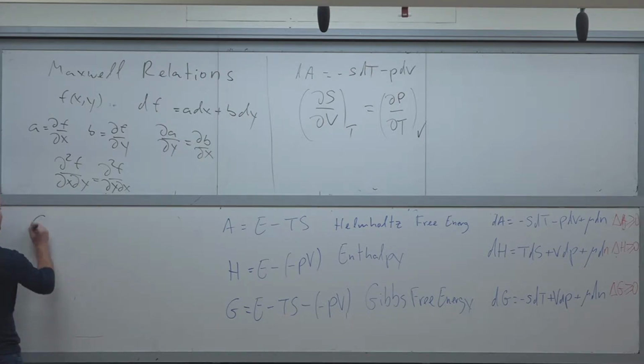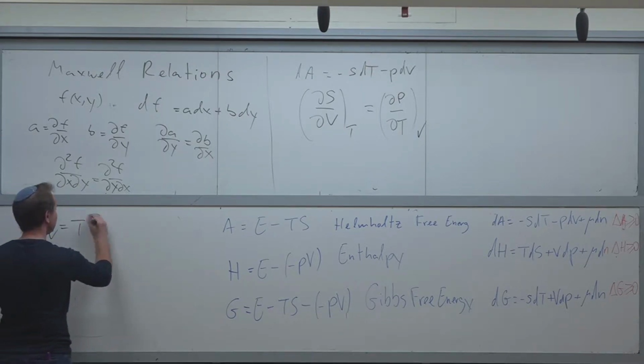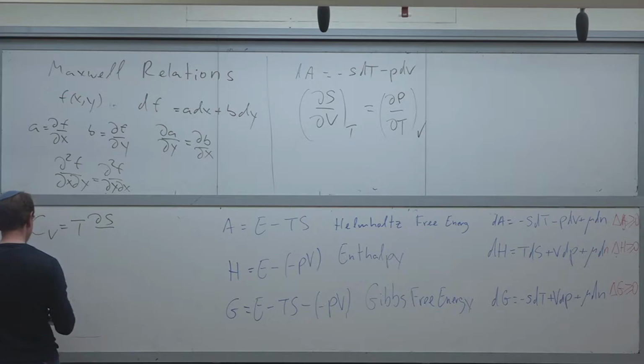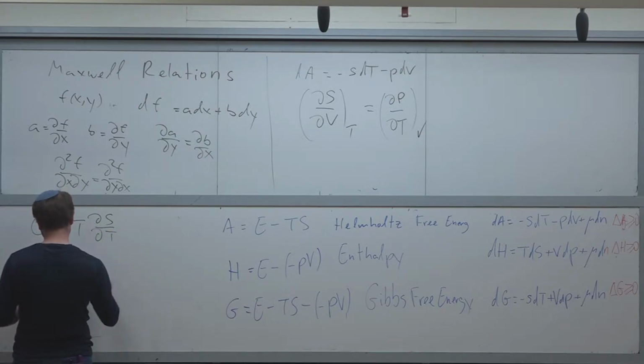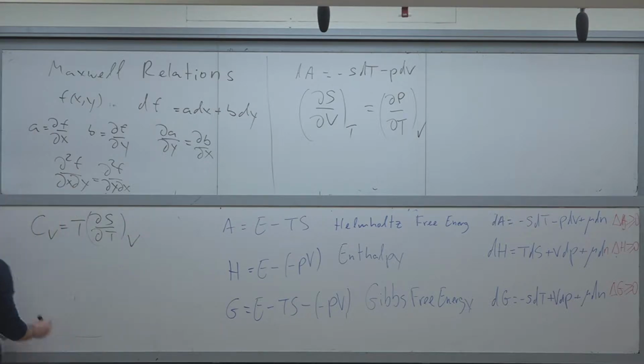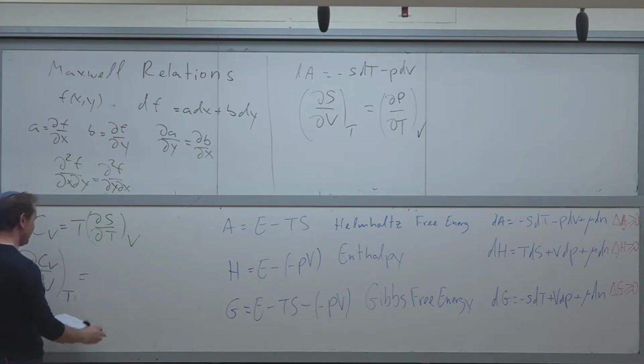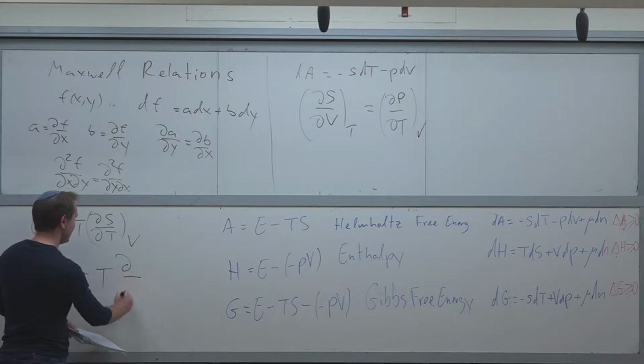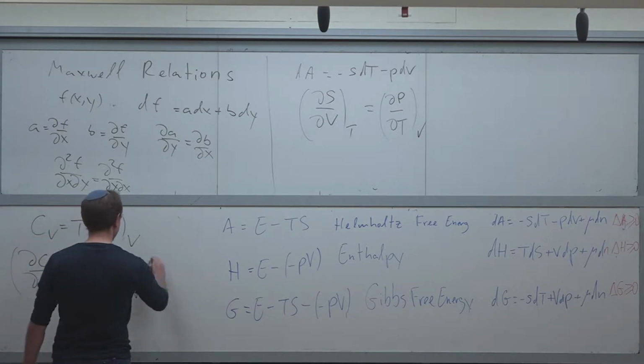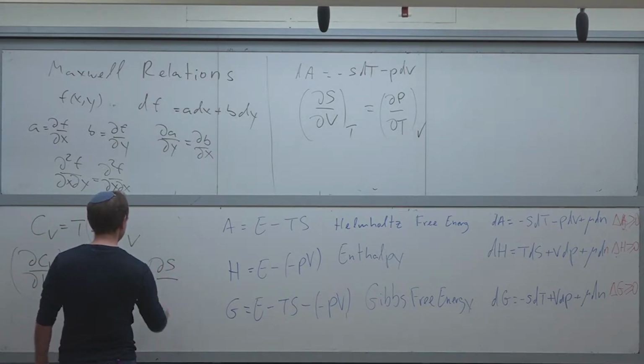So the heat capacity, CV, is T dS/dT, while keeping V constant. What is the derivative of the heat capacity with respect to the volume while keeping temperature constant? It is simply T, d/dV of dS/dT.